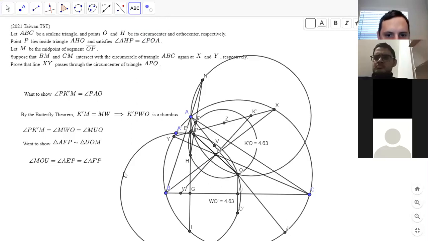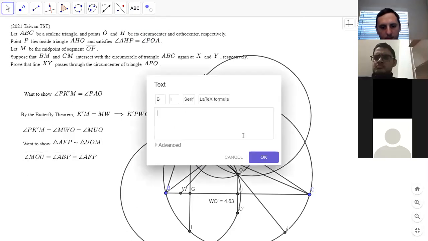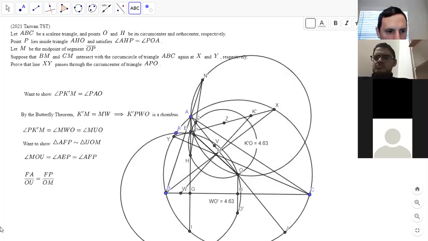And then we need FA over OU is equal to FP over OM. Yeah, we need that. So we want to show that. We'll put it down here then.